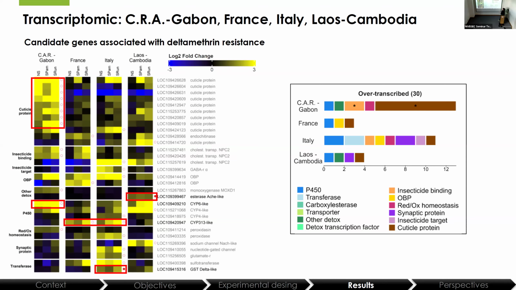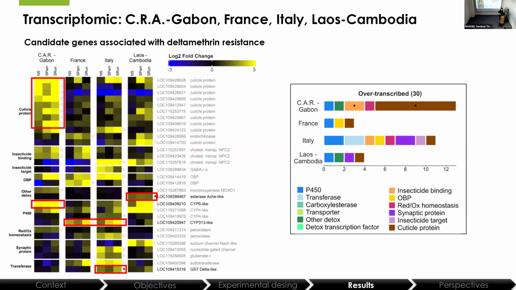And in Italy, we have a GST, which is overexpressed and with a copy number variation. And in Laos, we also have a gene overexpressed with a copy number variation, which is this esterase.